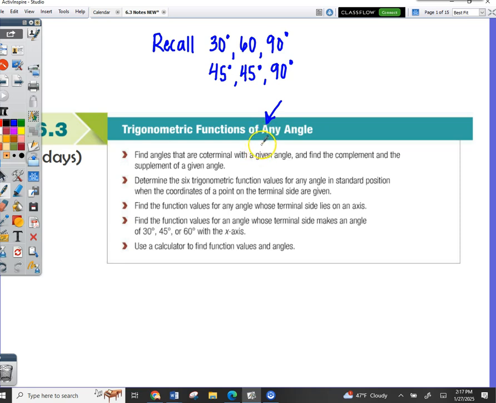You see what I'm doing there? So these are your special right triangles that we've already learned. Now we're going to learn any type of triangle, any type of angle.